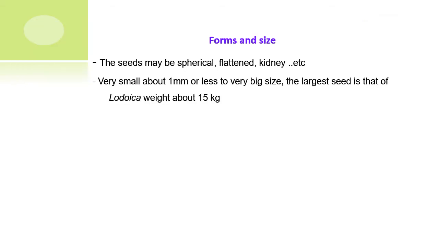As we said, we have different shapes and forms of the seed: spherical, ring shape, disc shape, or flattened. The size of seeds may be very small as in mustard, or very large as in the Lodoicea seed, which may reach up to 15 kilograms.